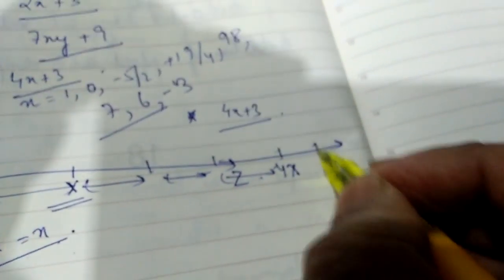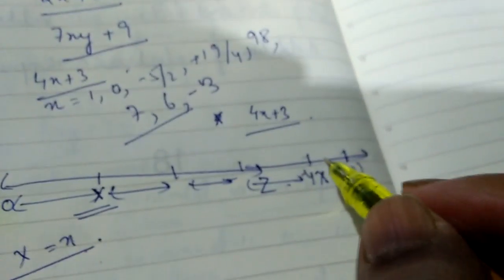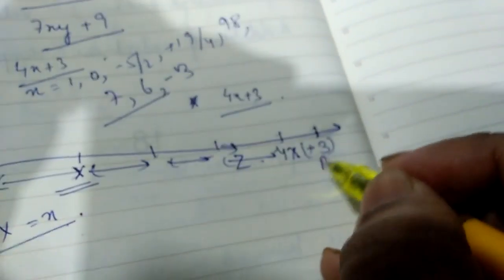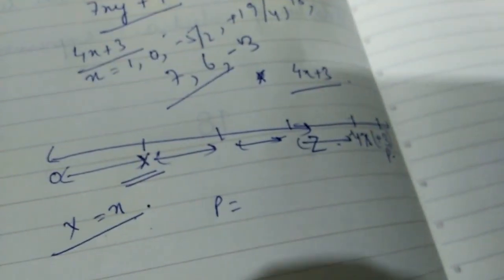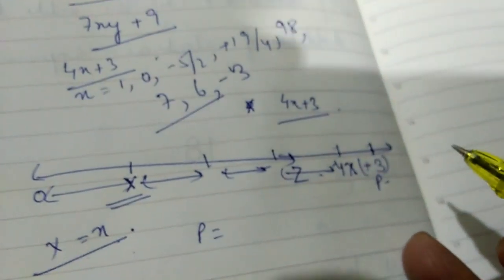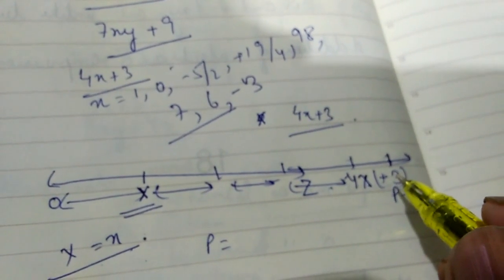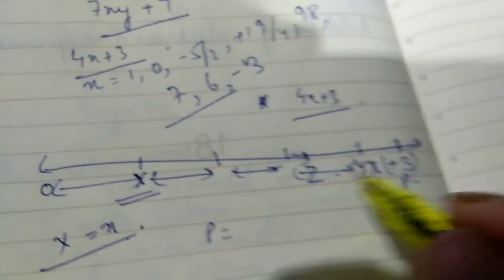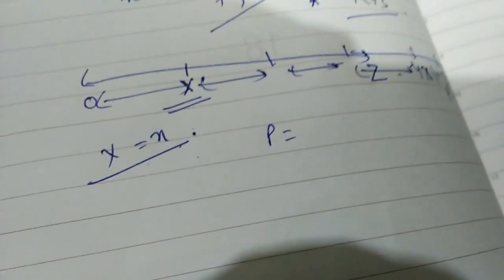So the value of the algebraic expression is going to be this point denoted by P. So P is going to be the value of the expression 4x plus 3. No matter what the value of x is, it will always be 3 units greater than the value of 4x. Okay, so this is simple.